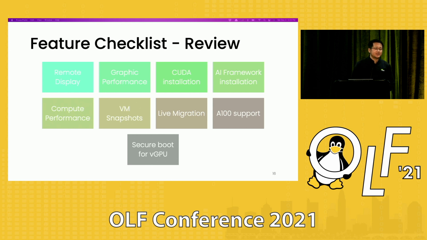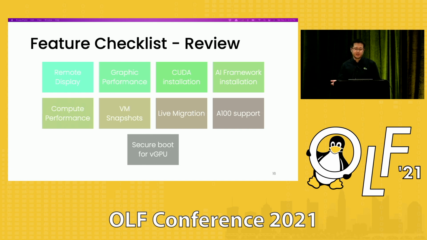The other one is MIG, multi-instance GPU. It's more like they put 7 GPUs in 1 GPU board, so it actually has 7 GPU cores. You can give these cores to a VM, or you can use them for containers directly.